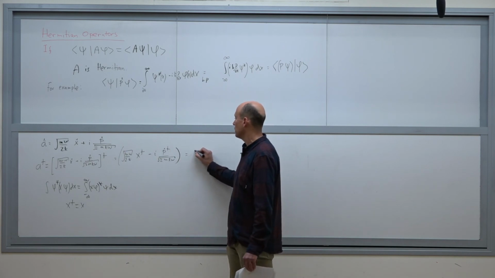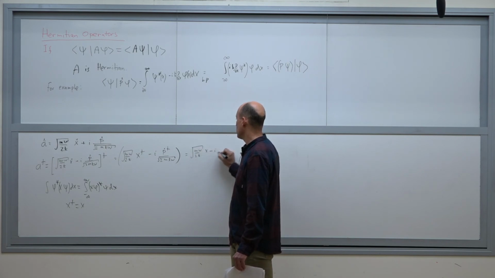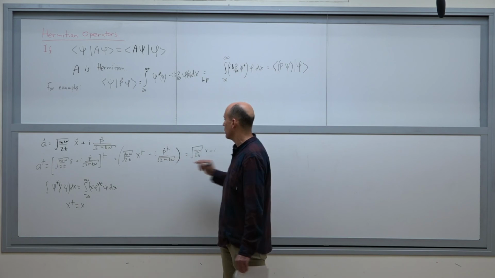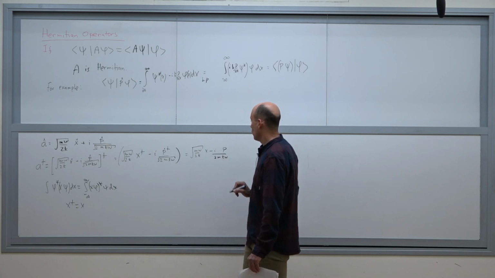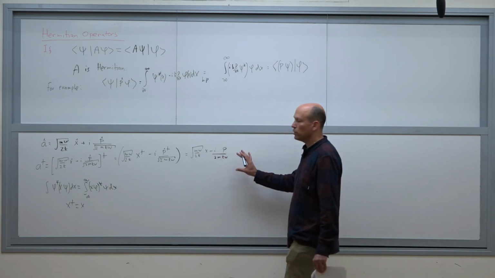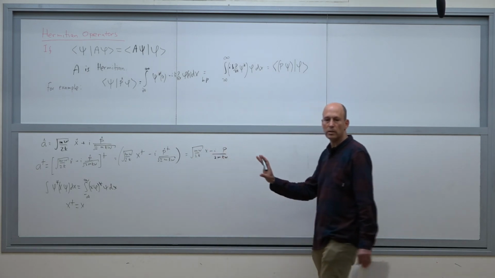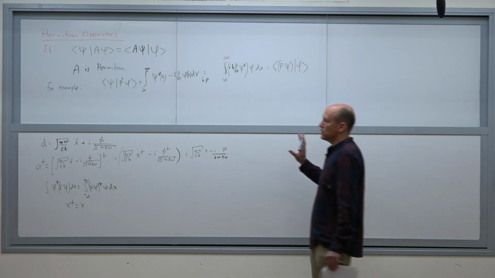Okay, let's write it: square root of m omega over 2 h bar times x minus i over 2m h bar omega times p. I'm using the fact that these are Hermitian. And this is the definition that you know. This is what I said last lesson, that I just gave them these names.